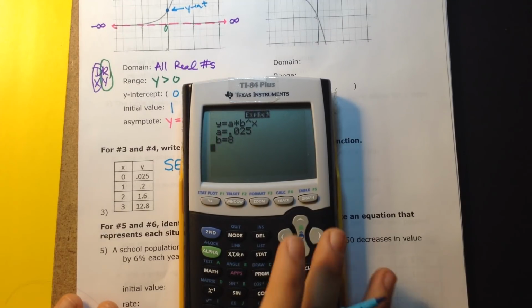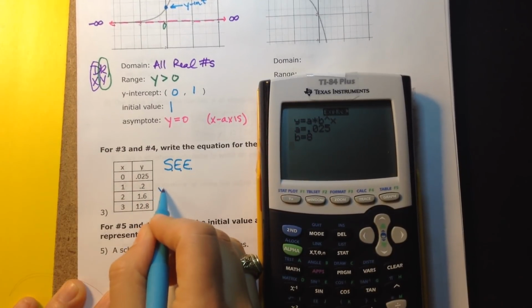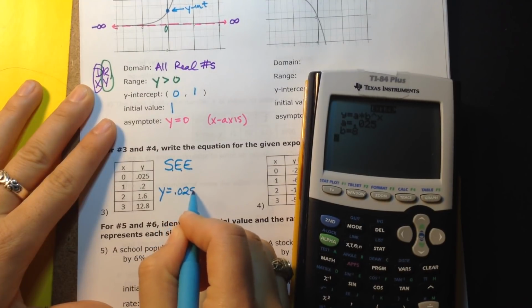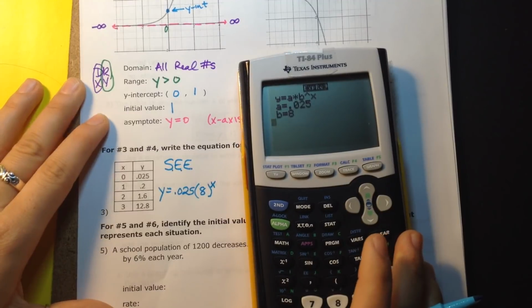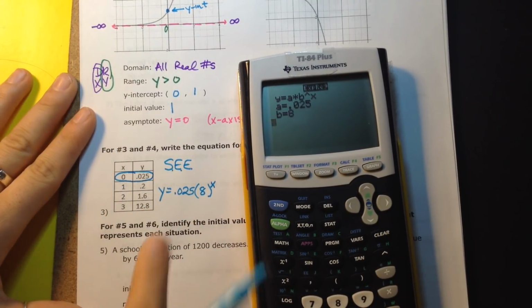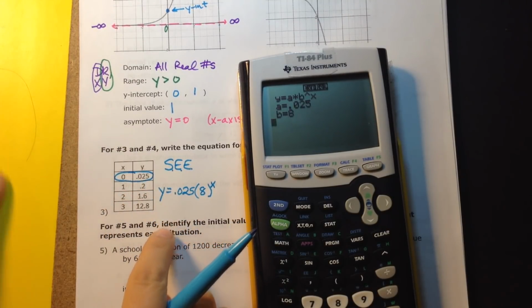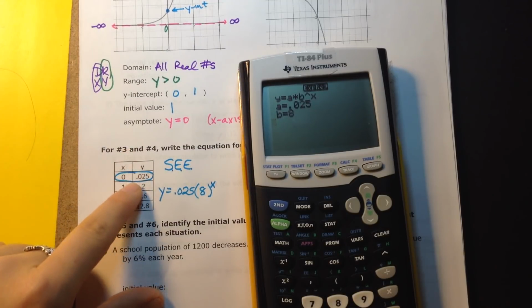And we calculate, and it would tell me, following this pattern, that my function is y equals 0.025 times 8 raised to the x power, which makes sense because my initial value at 0 is 0.025, and every time I'm multiplying by 8, times 8 times 8 times 8.